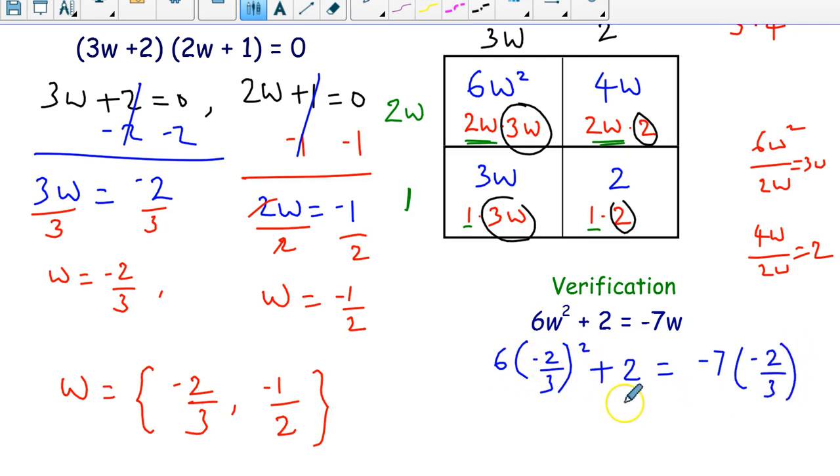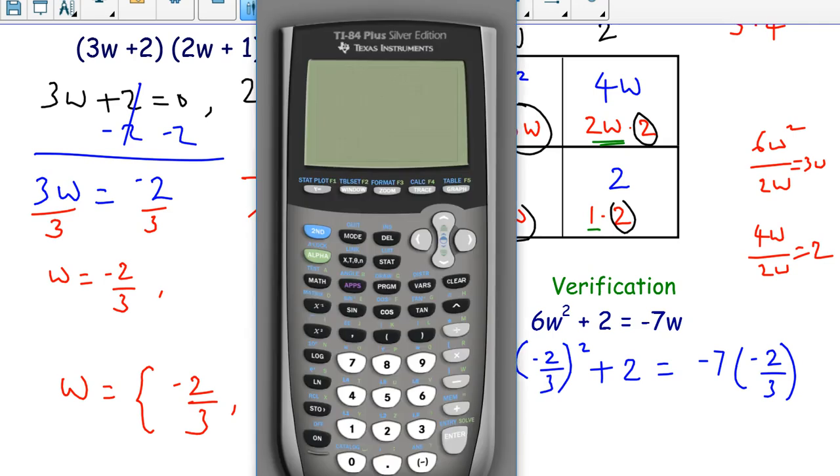Now let us find the left hand side and right hand side and verify if those two numbers are equal. We'll make use of our calculator.